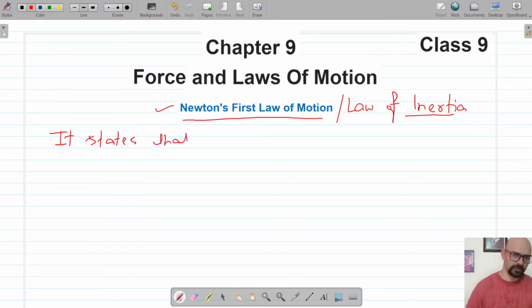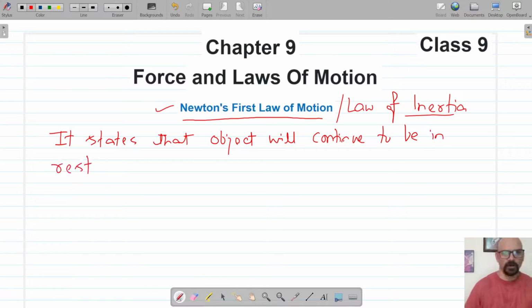an object will continue to be at rest, or an object will continue to be in uniform motion in a straight line.